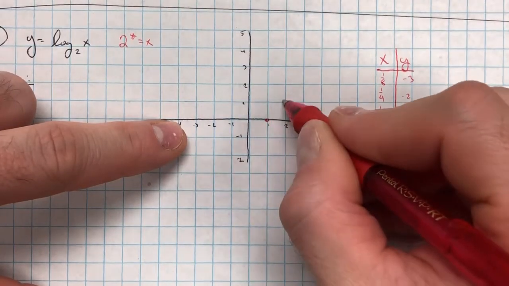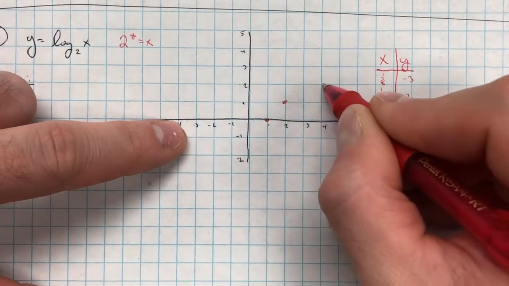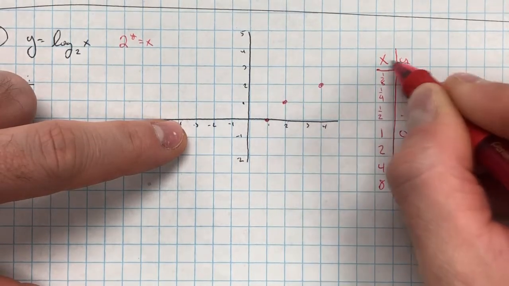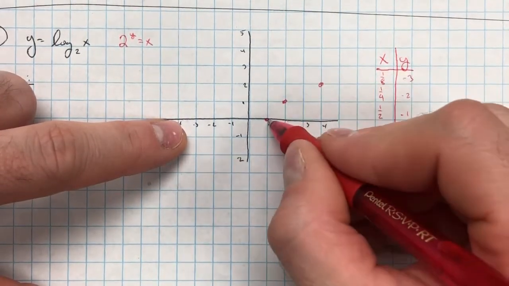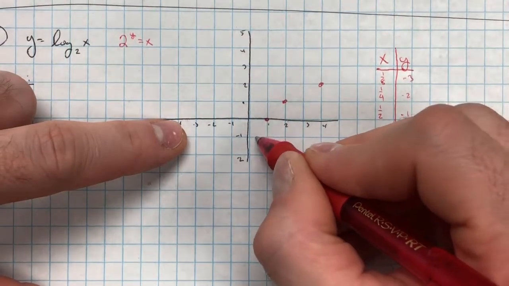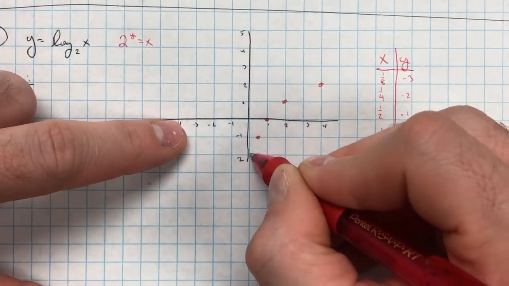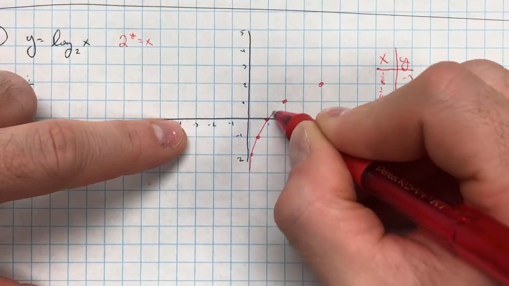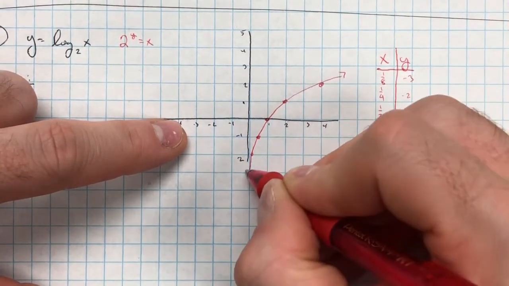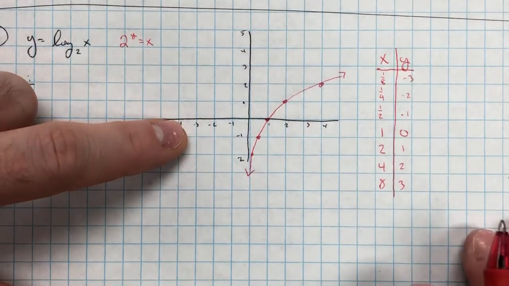So if I move up, I double. If I move up, I double. If I move up, I'd be way over here at 8. And as I move down, I half. So as I move down 1, I cut it in half. Down 1, I cut it in half. So I see something just like what we expected.